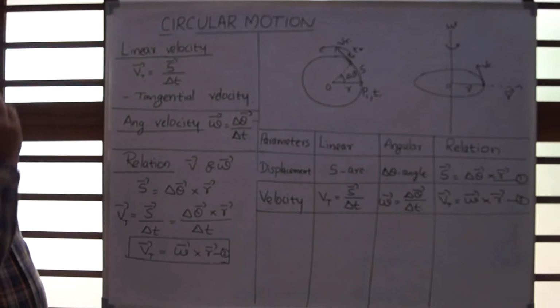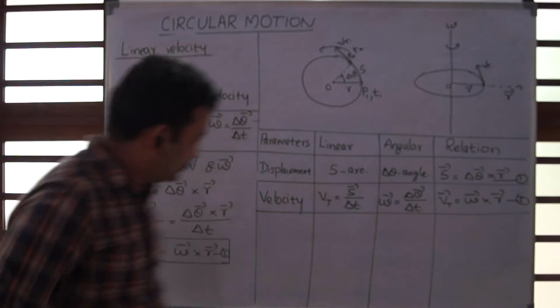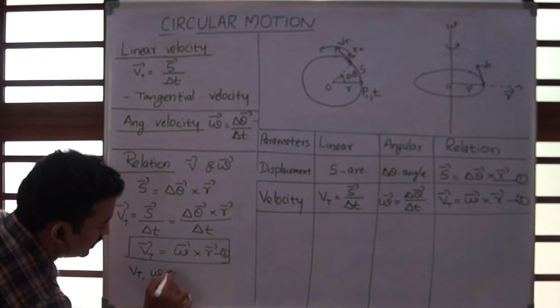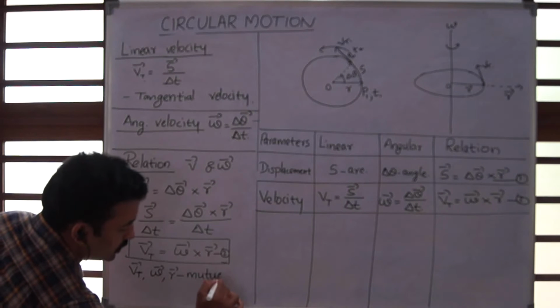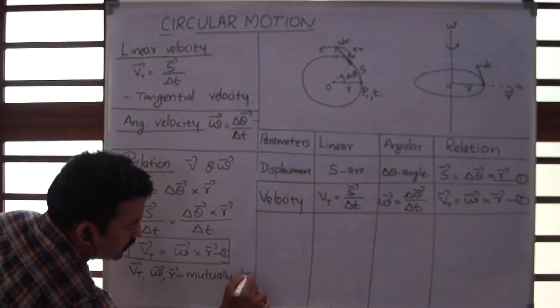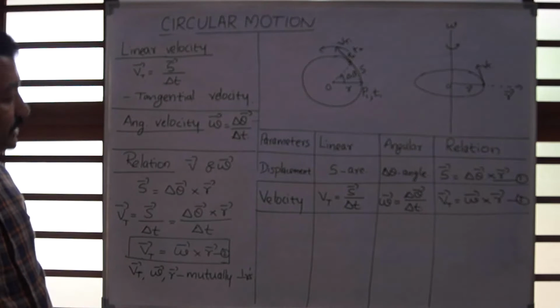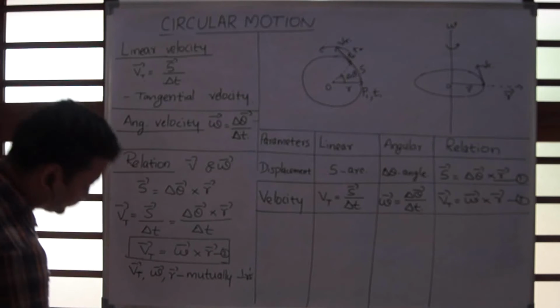Like the other parameters of displacement, Vt, omega, r are all mutually perpendicular. You got the directions. So that completes the discussion of velocity concepts of the particles.